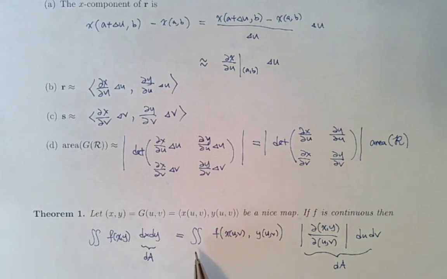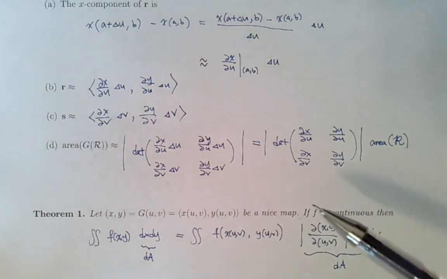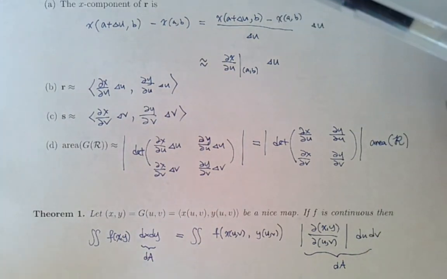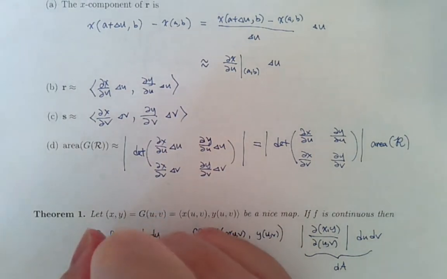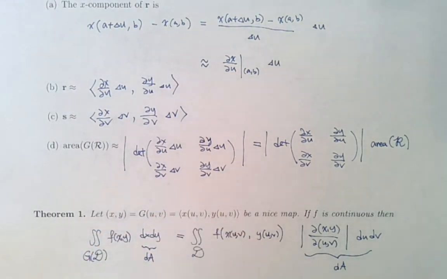Then finally, we also need to write the domains here. So think about this carefully. If you look at the picture above, which I can't point to right now because it's too far away, we're mapping from the uv plane to the xy plane. So on the uv side, we can write some kind of domain D, and then we map it using G to get it in the xy plane.